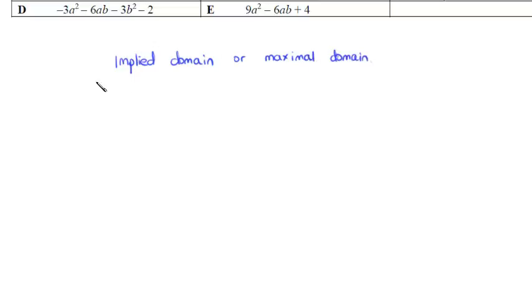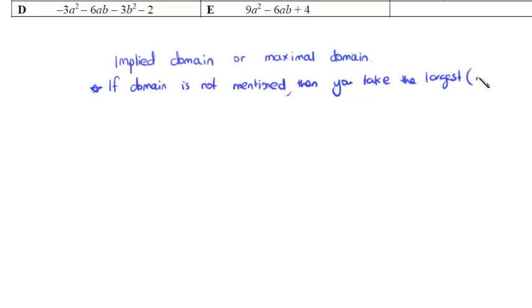So this is used when domain is not mentioned, then you take the largest or maximal domain that is possible on a given function.